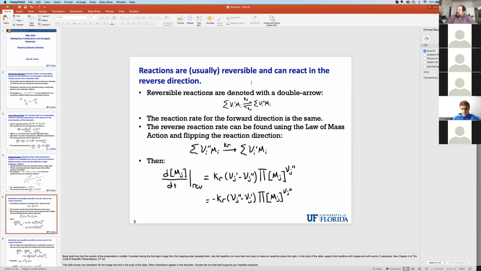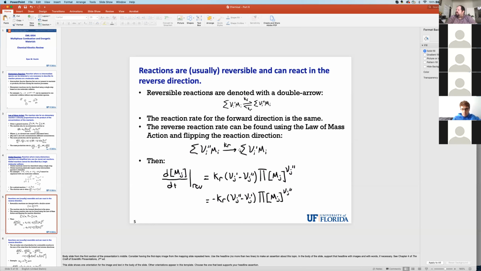So here I've taken this chemical reaction and flipped it so that the nu I double prime is on this side and the nu I prime is on this side, which means I flipped the direction. I've also flipped the direction of the arrows. So now kr is pointing to the right because I've flipped the product and the reactant side.